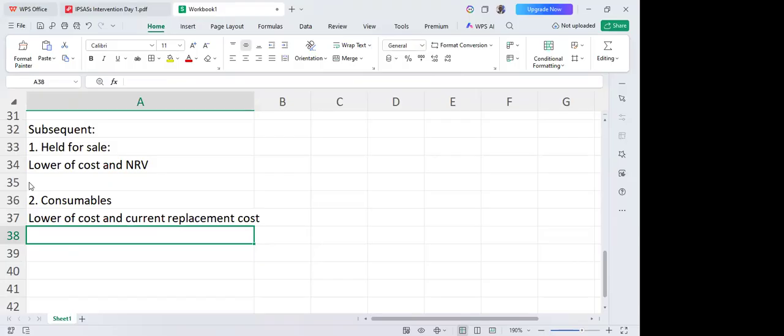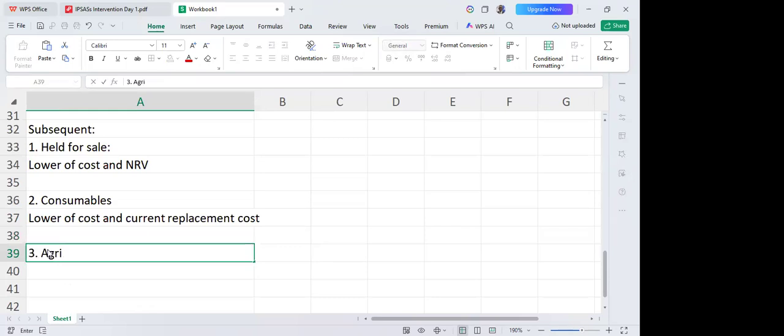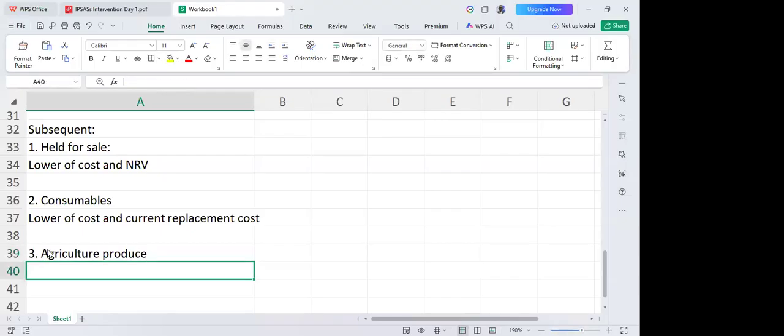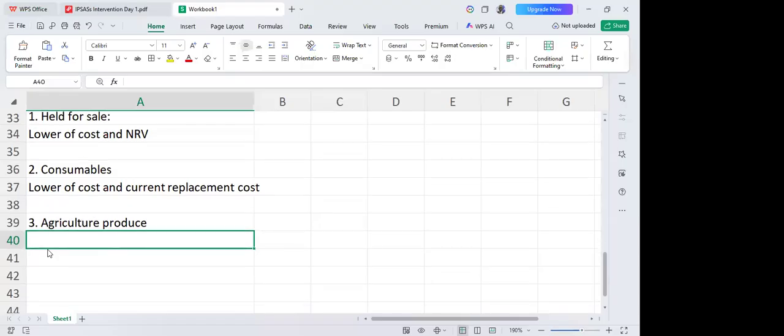Yeah, Helen. So we have agricultural produce. It is measured at fair value at the point of harvest, right?